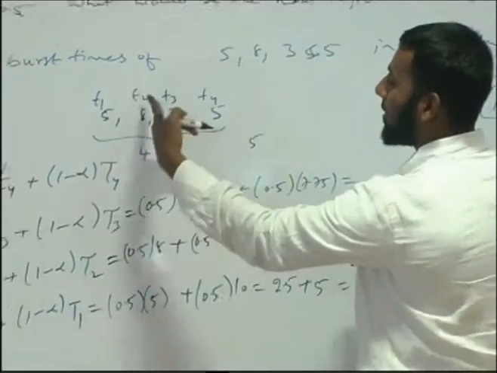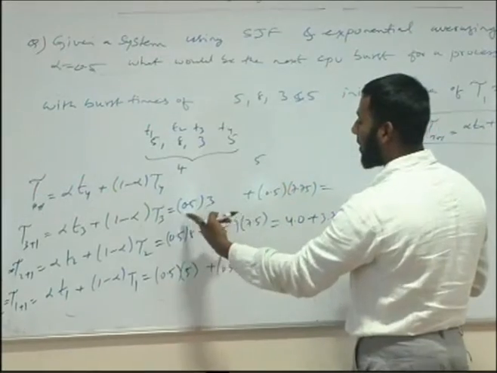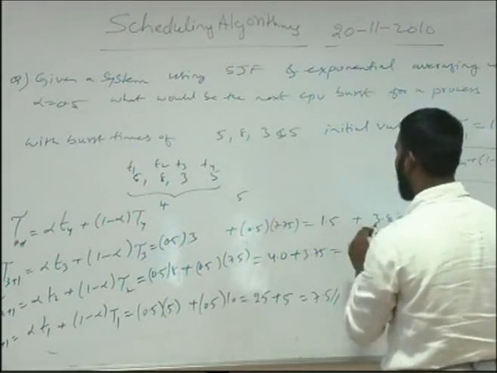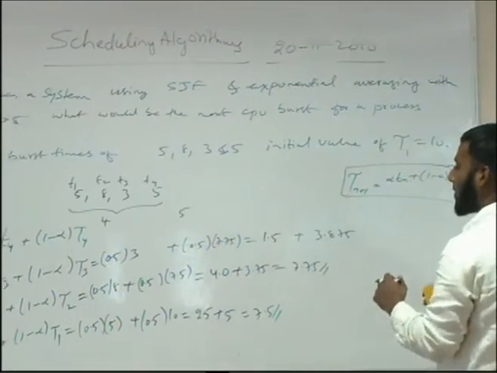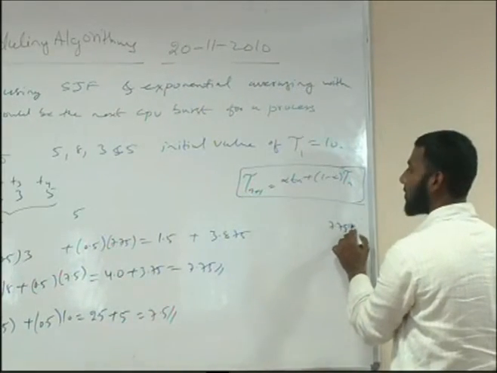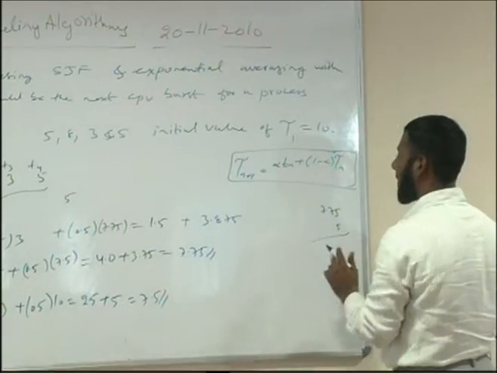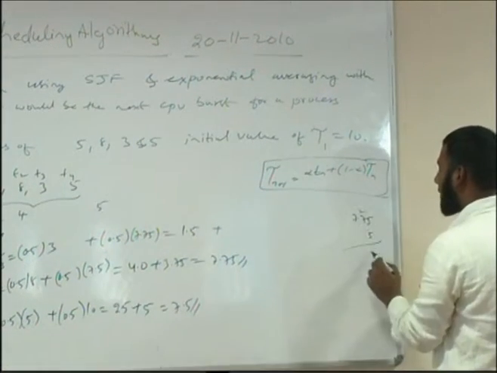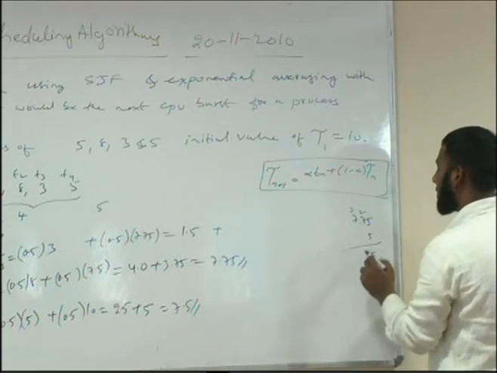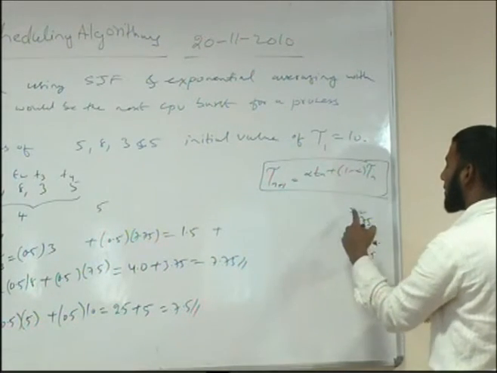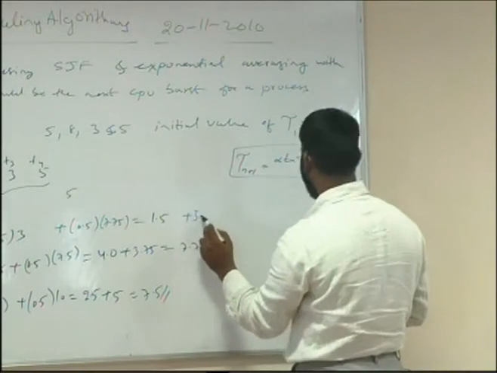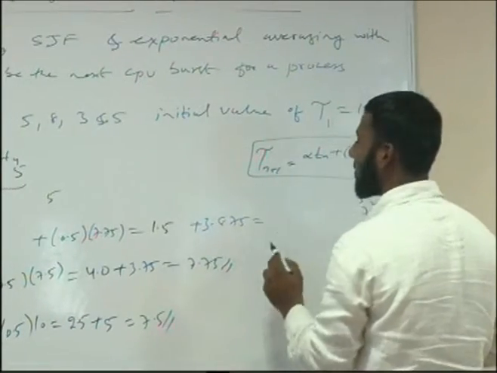This is actually T3, which is 3. So, 0.5 times 3 is 1.5. So, 1.5 plus 7.75 into 0.5, which is 3.875.